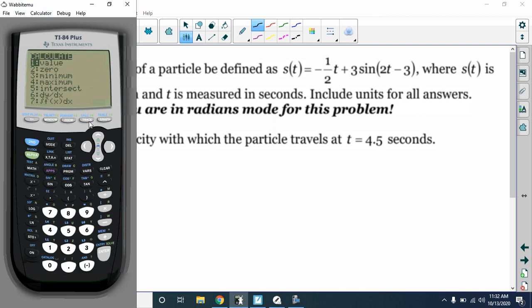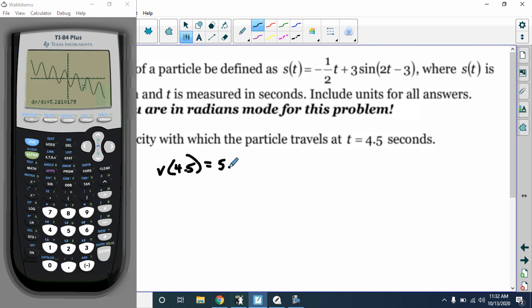So calculate dy/dx at 4.5 seconds. And we get 5.261. So velocity at time 4.5 is 5.261.